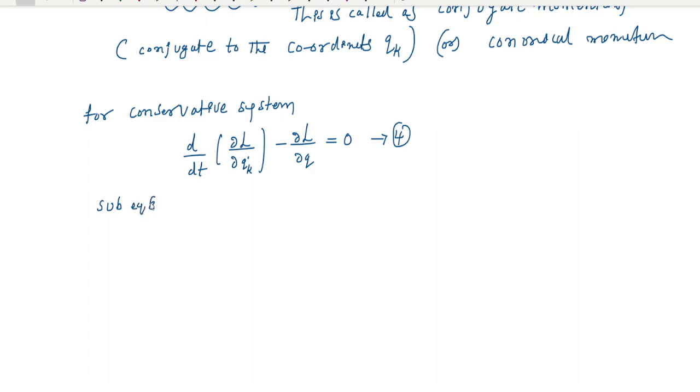We get d by dt of the conjugate or canonical momentum of the system, minus partial derivative of L divided by partial derivative of q, equal to 0. So we can write p dot equal to partial derivative of L divided by partial derivative of q.